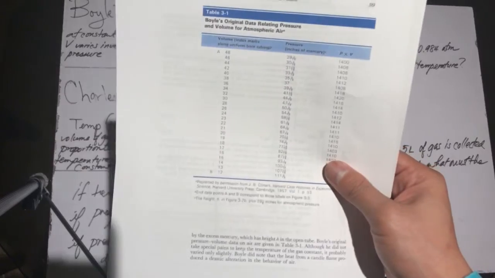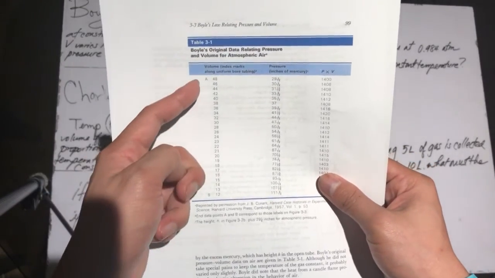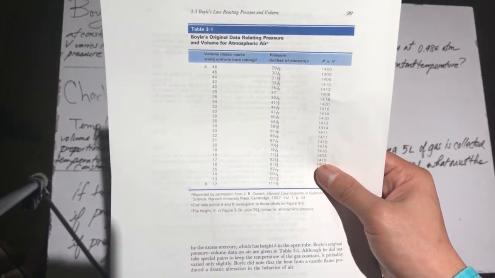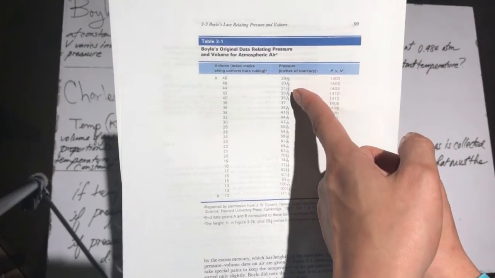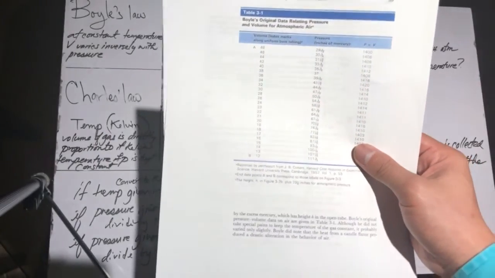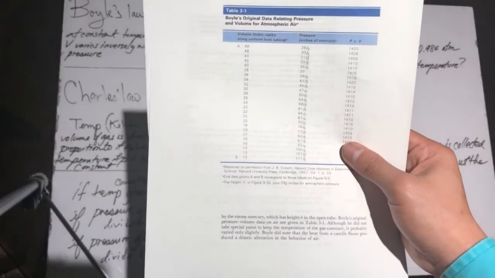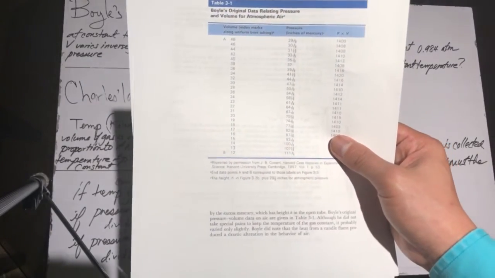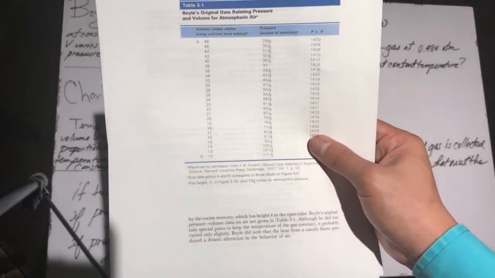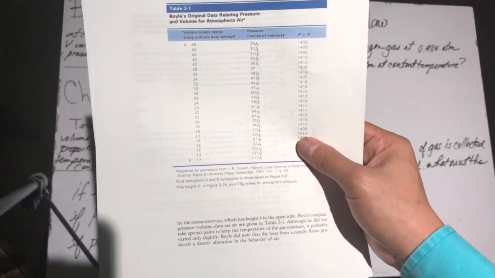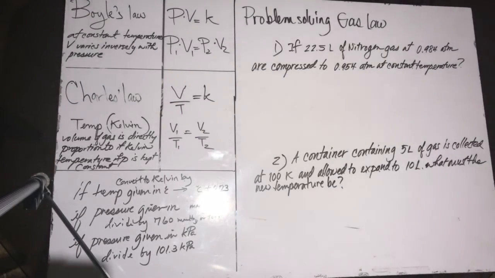With this one, as you can see, as the volume decreases, the pressure, what happened? The pressure increases. That is inversely related, which is volume varies inversely proportional to pressure.